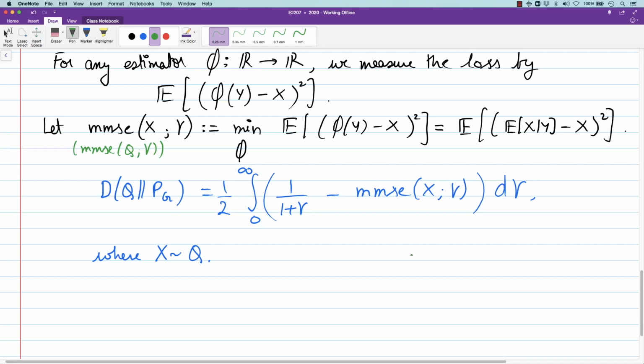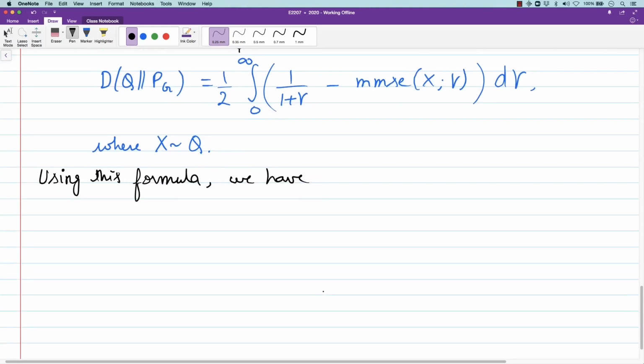Okay. So with this formula, we will now derive Stam's inequality. We had seen that half log 1 by entropy power of Q equals the divergence between Q and PG.